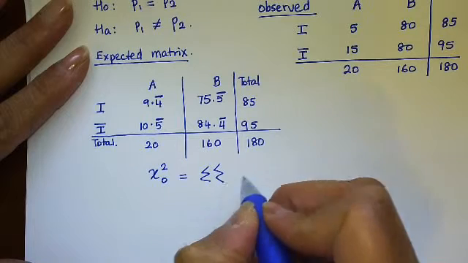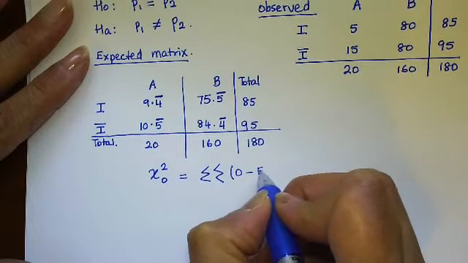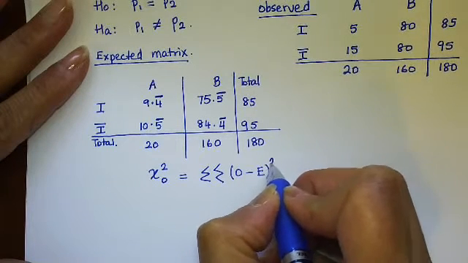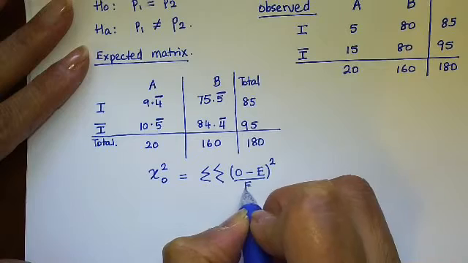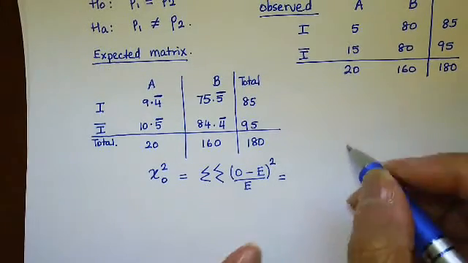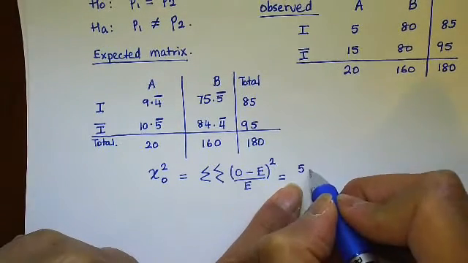Okay, so the chi-square test statistic is equal to the summation over all cells of observed minus expected squared over expected.